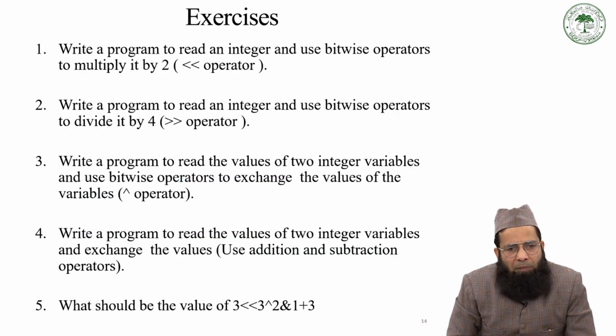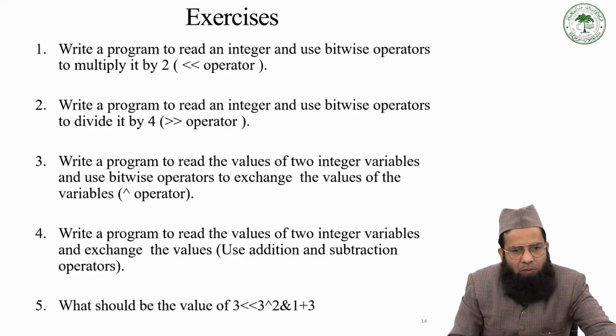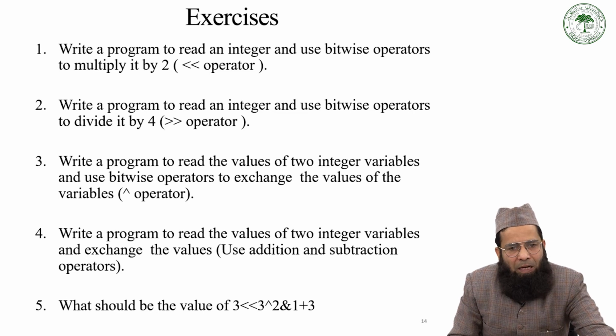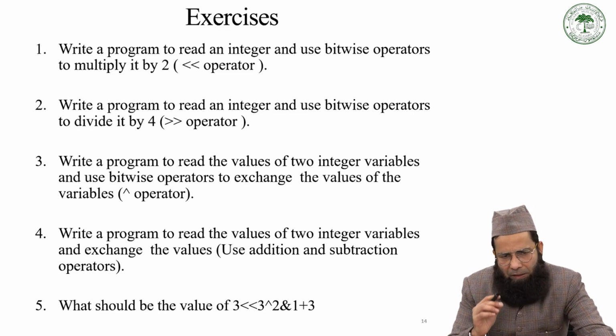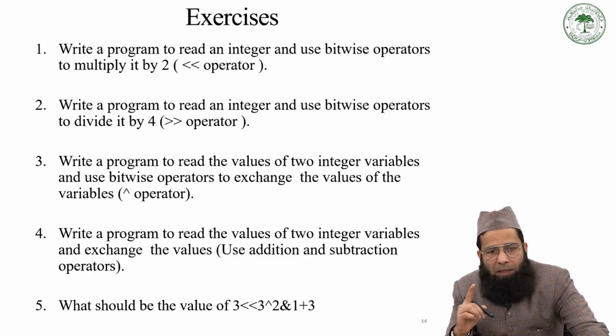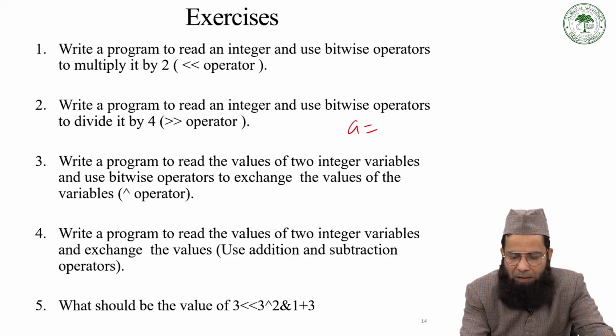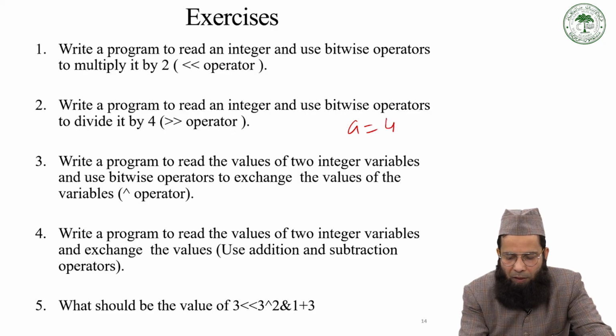There are some exercises here. Write a program to read an integer and use a bitwise operator to multiply it by 2. When you apply the left shift operator a single time, it actually multiplies by 2. Suppose a is equal to 4, and its binary equivalent is 100.